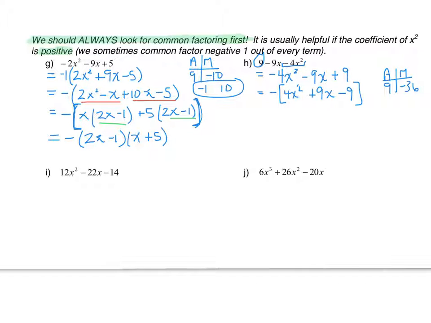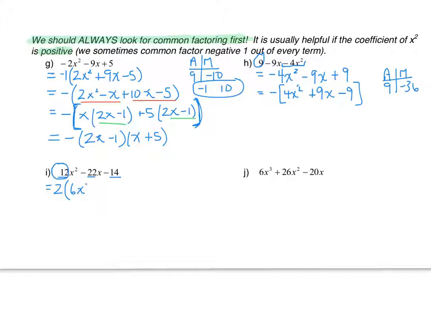When you get to part I, it has a positive in front, but if you look at every single term, I'm thinking that they're at least divisible by 2. 2 goes into 12 6 times, 2 goes into 22 11 times, and 6 and 11 have nothing left in common. So 2 is our common factor. That will be your first step. Common factor the 2 out first.